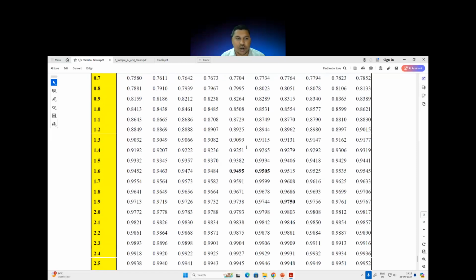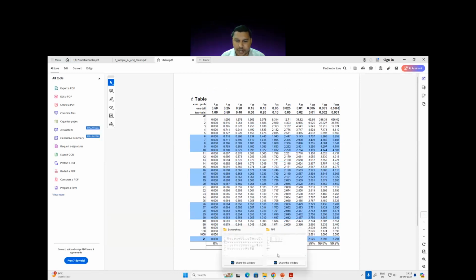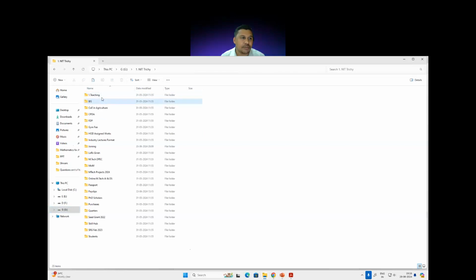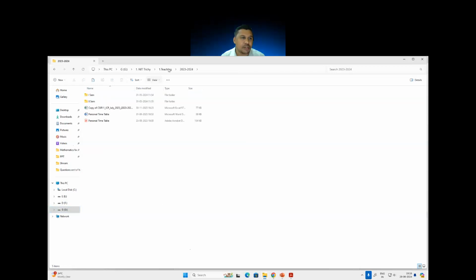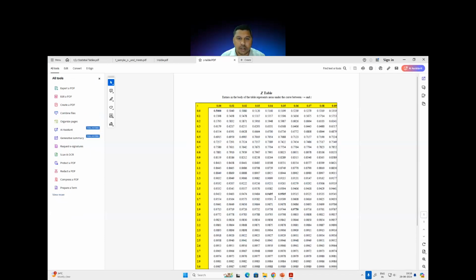This table is actually not complete. I guess I should have another table. Just a second. Z table. This is the one.